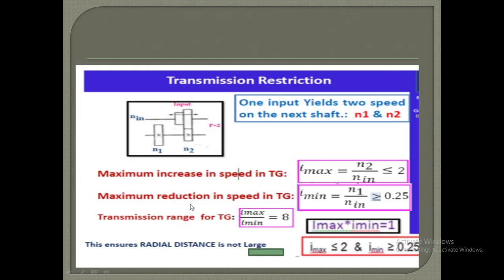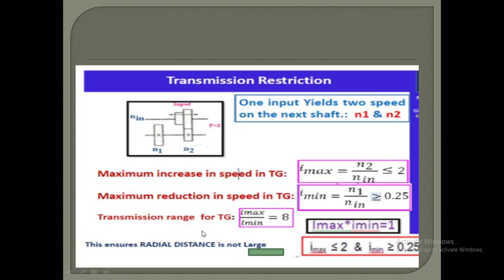Then the second one, maximum reduction in the speed in the transmission group. This is denoted by I minimum. This should be greater than or equal to 1 by 4, or we can say 0.25. Are all of you getting this? N1 divided by N input is greater than or equal to 0.25, or 1 by 4.